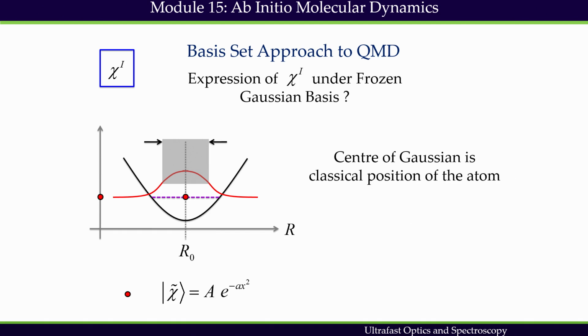To understand that, we will first look at the harmonic oscillator. Atoms are not classical point particles. For any classical point particle, both position and momentum can be exactly determined at any point of time.